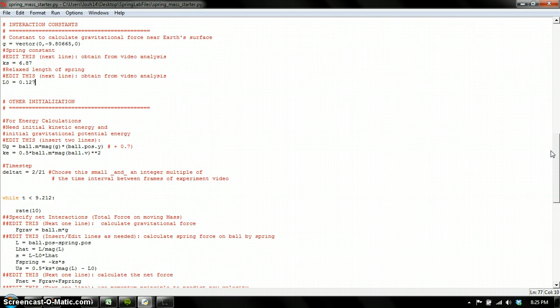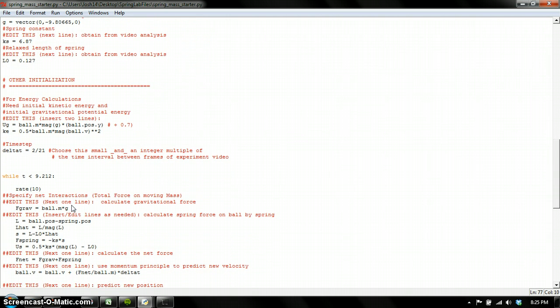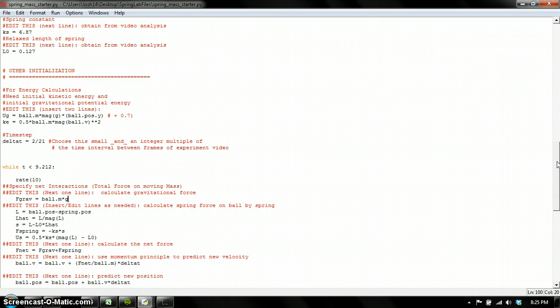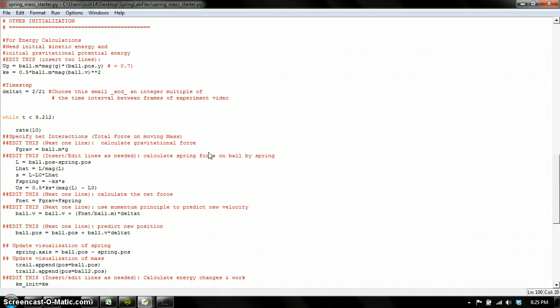To determine the position, I calculated the force of gravity, just the mass of the ball times the constant of gravity. And then I also calculated the force of the spring, so negative the spring constant times the stretch, which was the magnitude of the length of the spring at any given point minus the initial length of the spring, times the direction vector of the length of the spring.